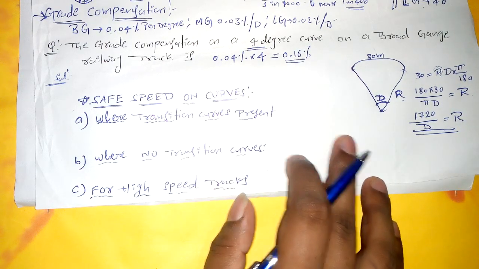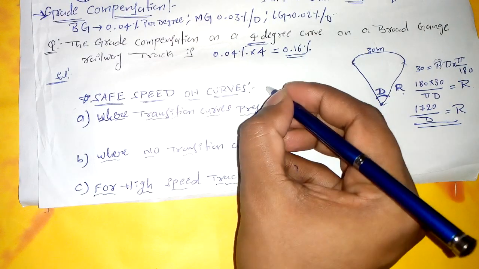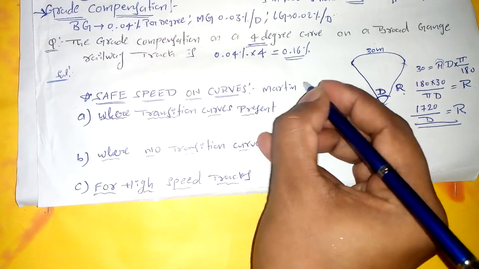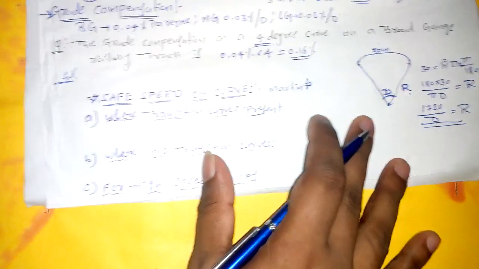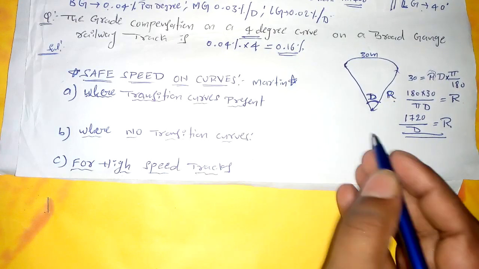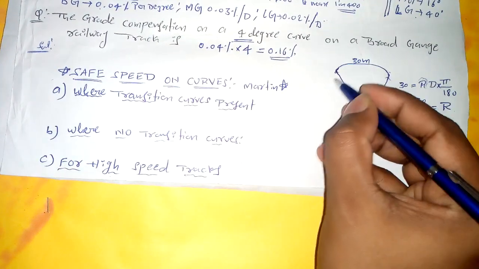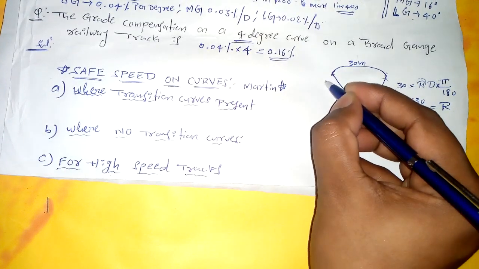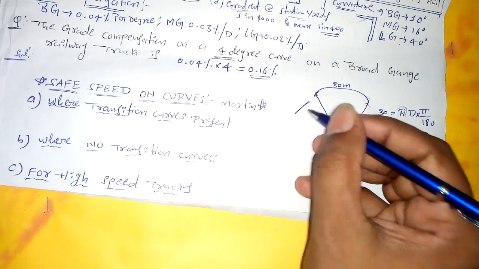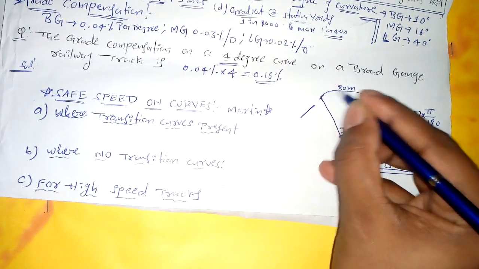So now, speed and curves. There are some formulas given by Martin, which are most important, where the transition curve is provided or present. For example, if this is a curve and this is a straight, a transition curve is a curve which is provided in between the straight and the curve.